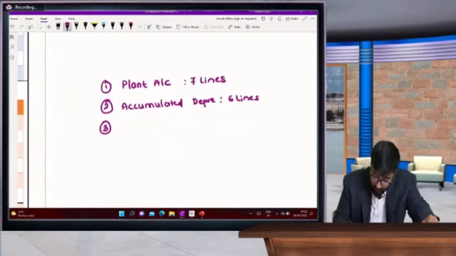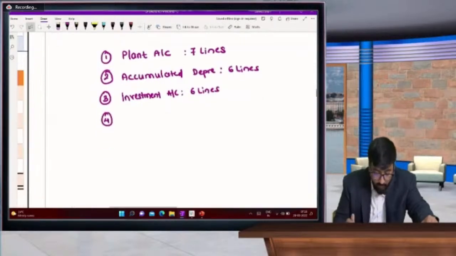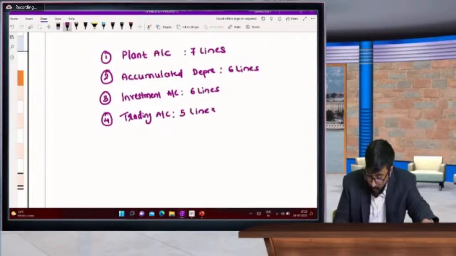Third one, investment account, six lines. Fourth one, for stock account, trading account, 5 lines.